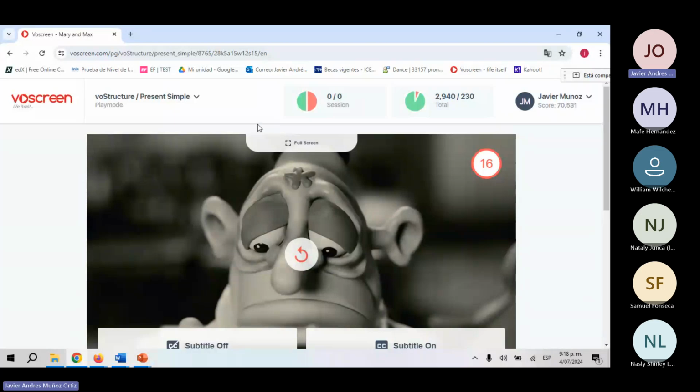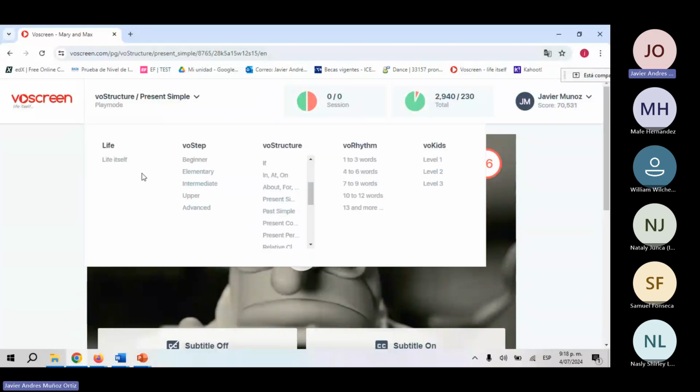I love this platform because it allows you to choose the difficulty, right? For example, beginner, elementary, intermediate, and so on. It allows you to choose something related to grammar, simple past tense, present progressive, and so on. The difficulty in terms of amount of words, maybe you want to listen to 13 words and more.